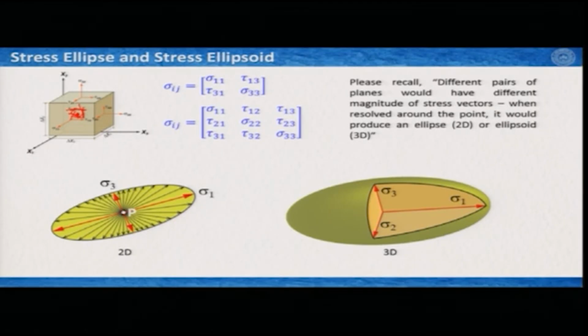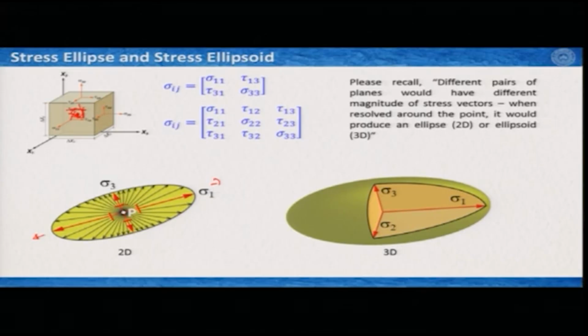So, this is the point P here, and if we look at it in 2 dimensions, for example, if I consider these 2 red arrows, around this we had this plane and this plane, around the small red arrow, we had this plane. So, here it is working on this side, here it is working on this side, their lengths are equal, that means magnitudes are equal, but their orientations or action directions are different, and similarly here.